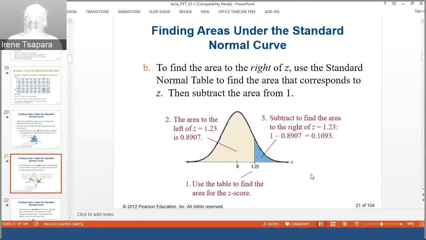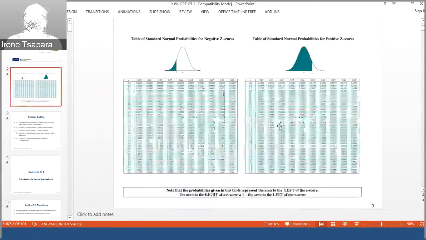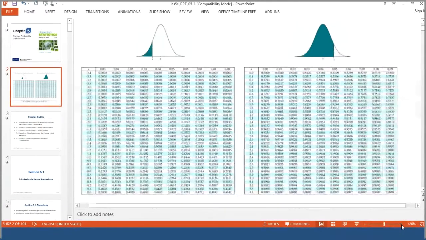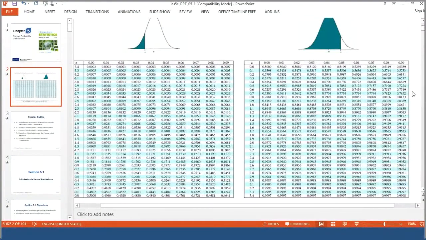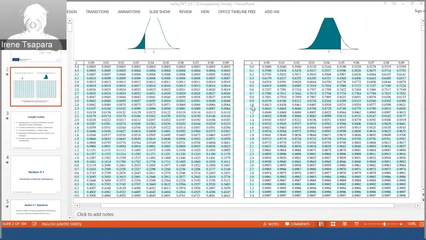You are looking again at the z-score table for 1.23. This is what you do. You go to 1.2 right here and 3 right here. So it's going to be, as you can see, 0.8907. But what is this? This is the cumulative area to the left of the z-score. I want this part right here.